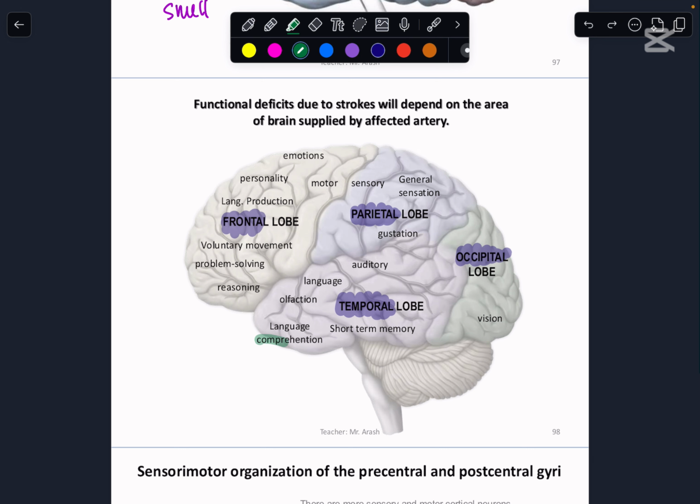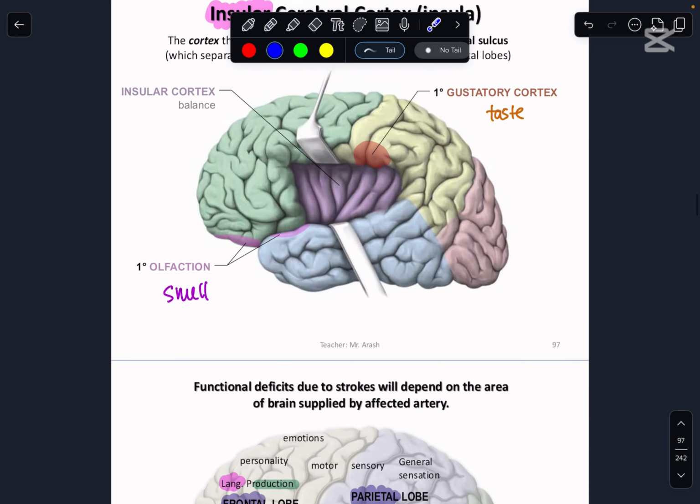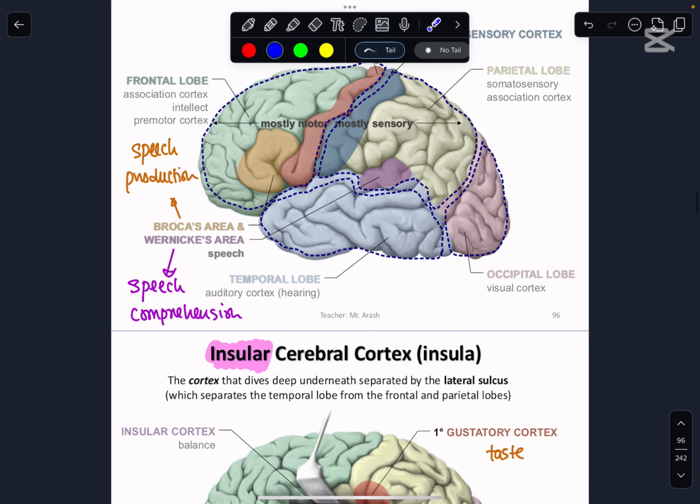So I'm going to make sure this is comprehension, this is production. You guys make sure you know the difference. Remember, the language comprehension part, temporal lobe, was part of the Wernicke's area, as you can see here. Oh, by the way, I made a mistake.